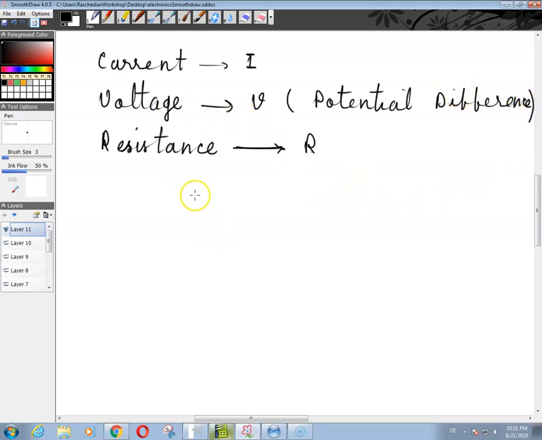Now, what these three things really are is this.